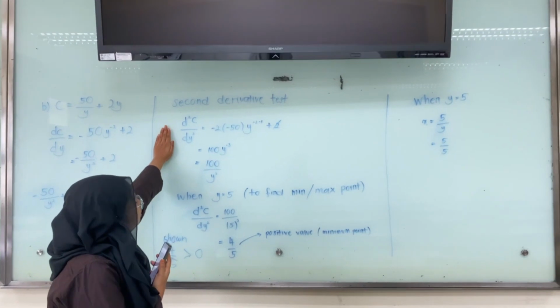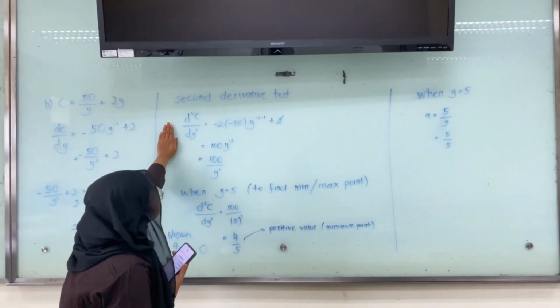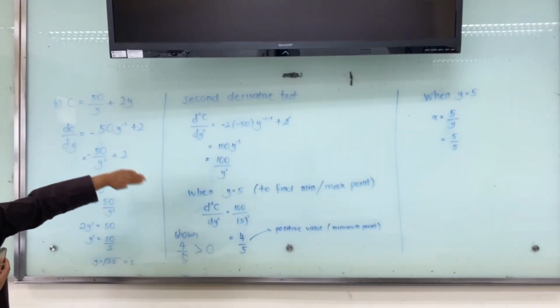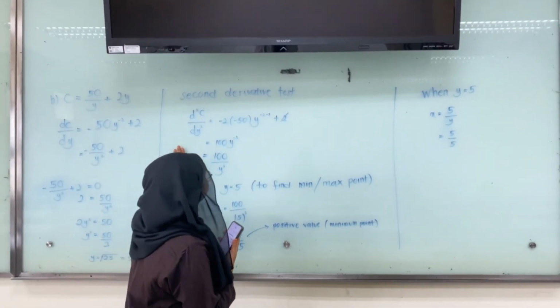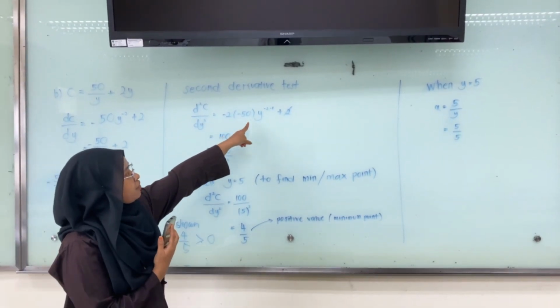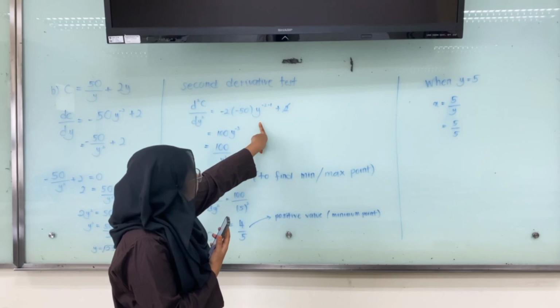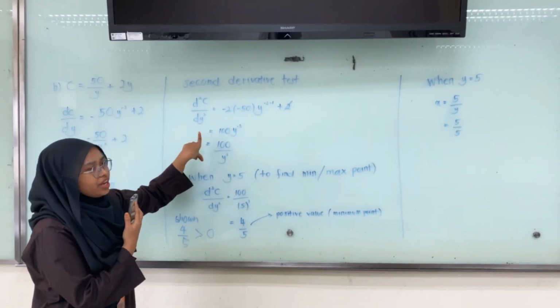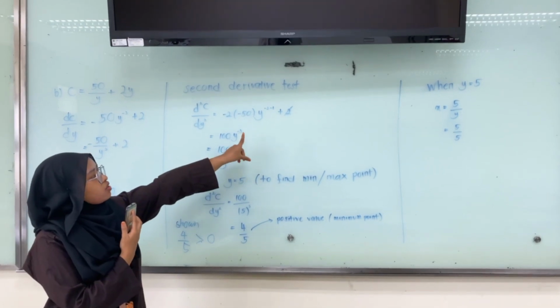Next, to find the maximum or minimum point, we will use the second derivative, which means we differentiate the first derivative again. Negative 2 times negative 50 times Y to the power of negative 2 minus 1 is equal to 100Y to the power of negative 3.